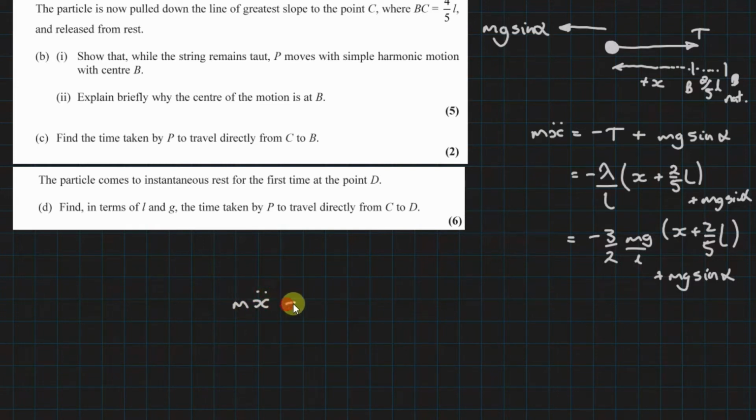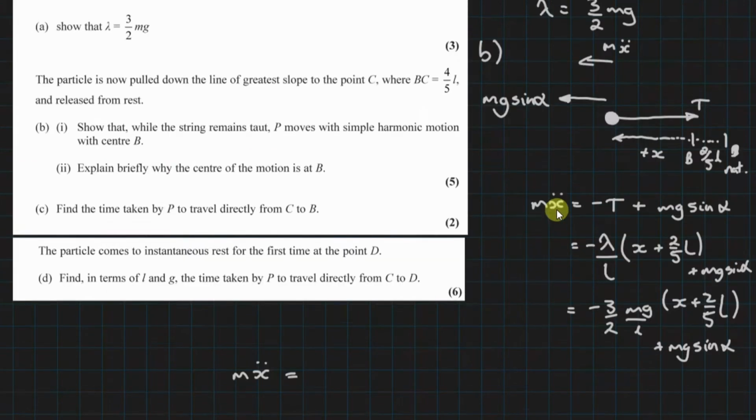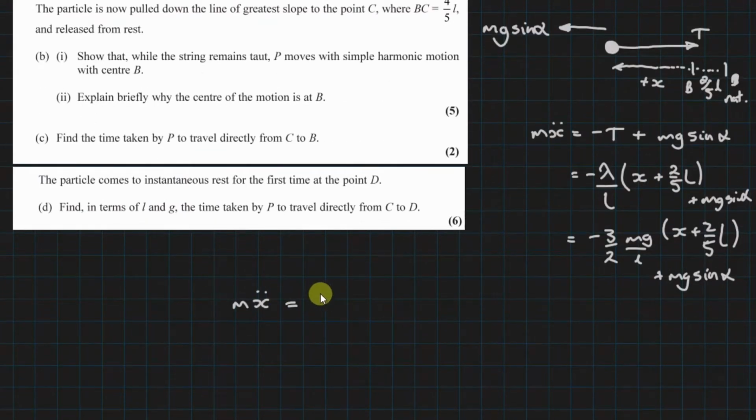And that's acceleration in the direction of positive x is equal to lambda, which is 3/2 mg times x divided by L with a negative in front of it, minus 3/2 of mg times 2/5 of L. So we're going to get some cancellation.